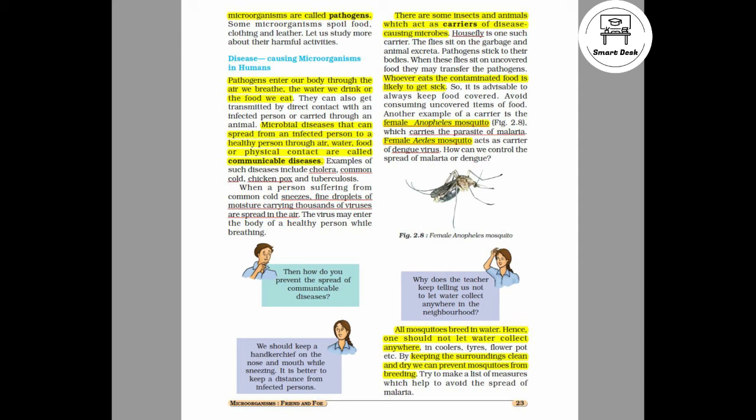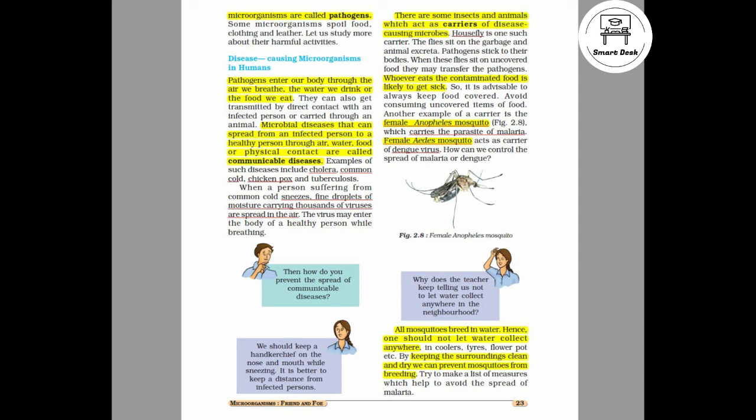For example, the female Anopheles mosquito carries the parasite of malaria, and the female Aedes mosquito acts as the carrier of dengue. So please prevent mosquitoes to stay healthy in your home.